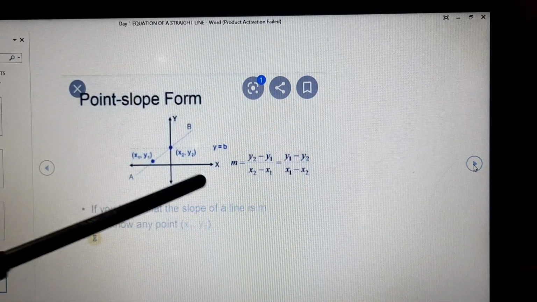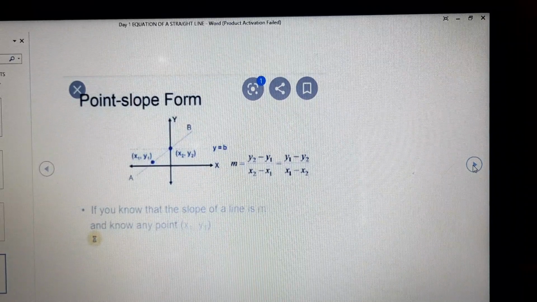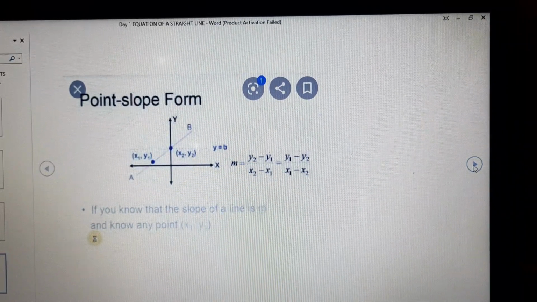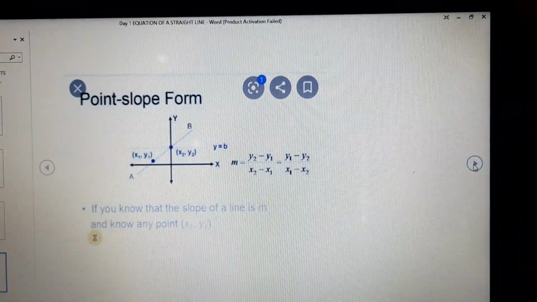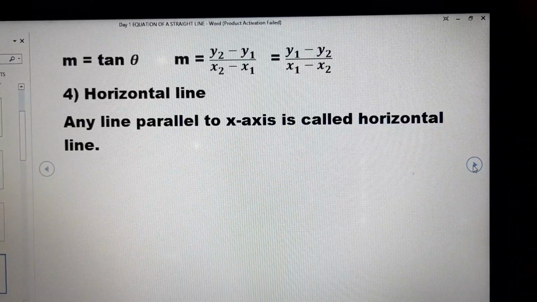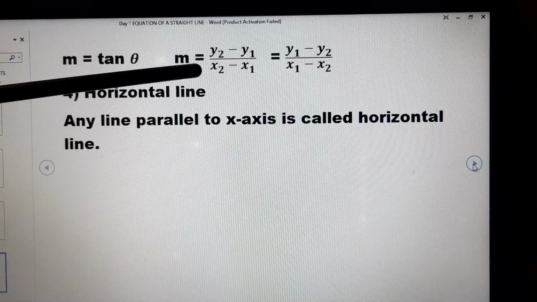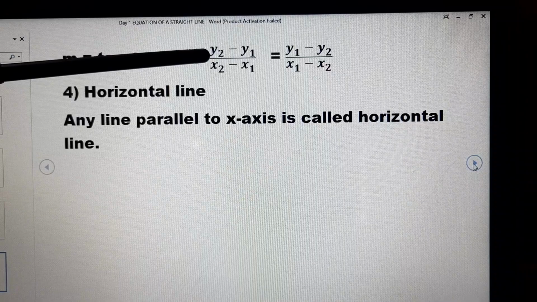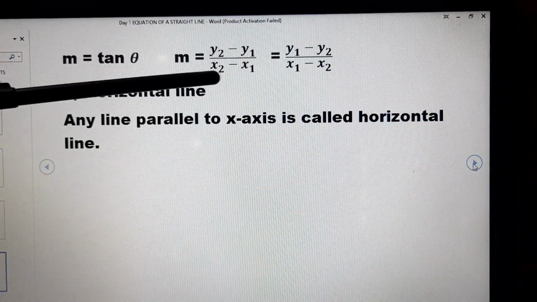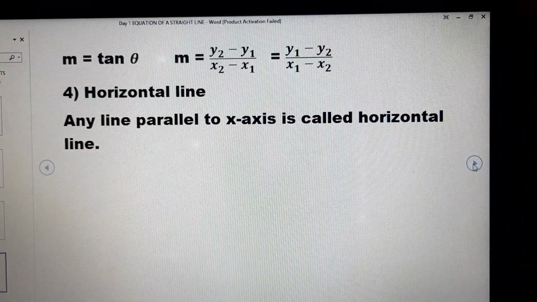The formula is m is equal to y2 minus y1 upon x2 minus x1, or you can use y1 minus y2 divided by x1 minus x2. See, you have to understand this. If you are taking y2 minus y1, then you are bound to take x2 minus x1.